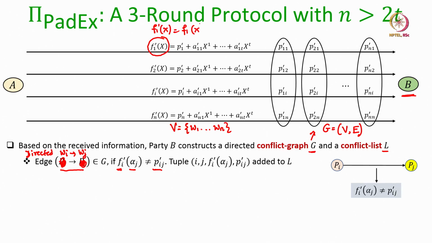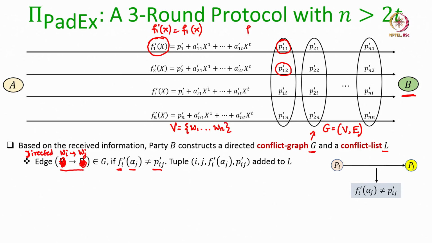Suppose if this is the condition, then this polynomial when evaluated at alpha 1 should match the value p prime 11. f1 prime polynomial evaluated at alpha 2 should match the value p prime 12, right.